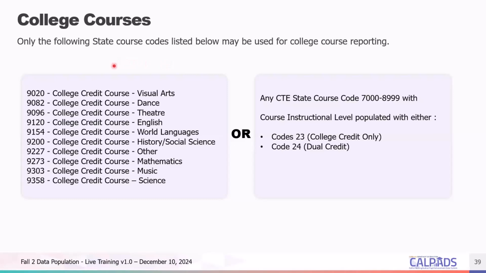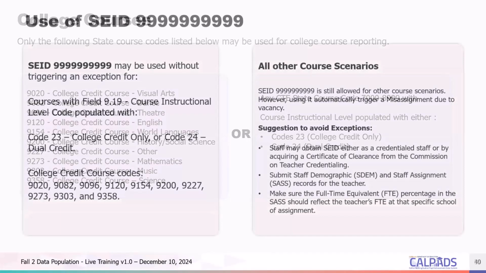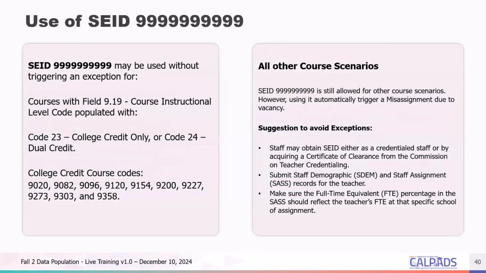We either use a college credit course code in the 9,000 series, or we use a CTE state course code, and we use a course instructional level code of either 23 or 24. When we report our college credit courses, though, we are going to be reporting courses that are taught by college professors who are not required to have SEIDs.